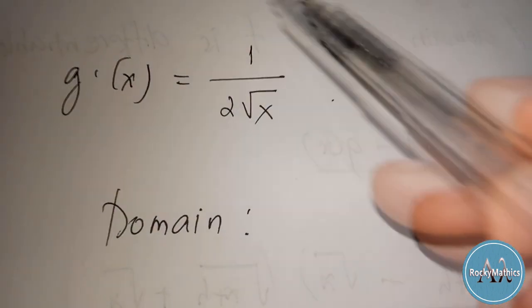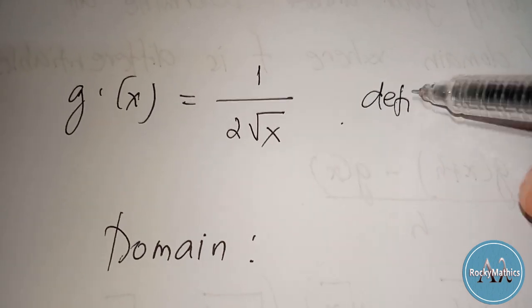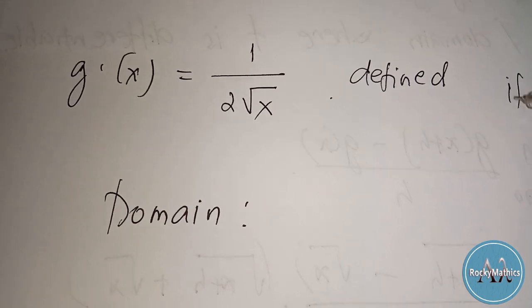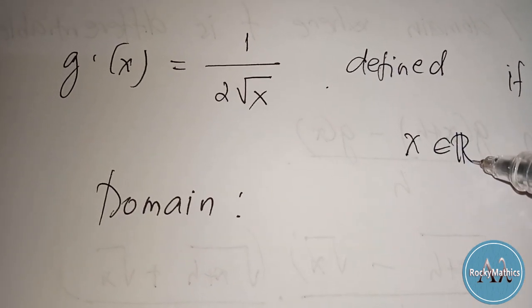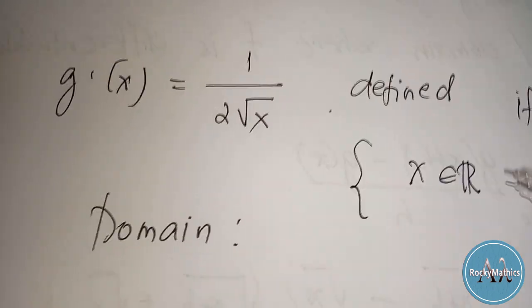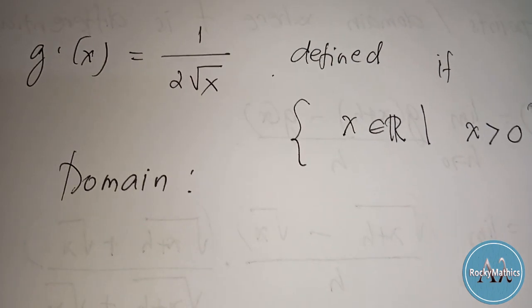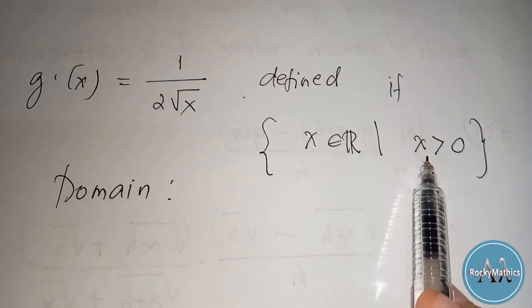This is defined if x is in R such that x is greater than 0. So this is now the domain.